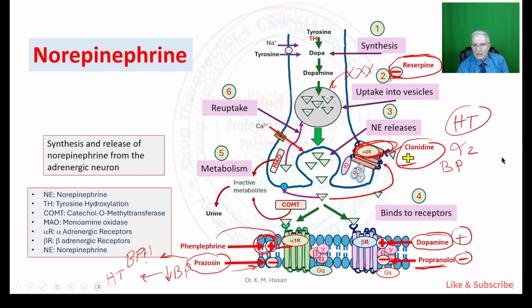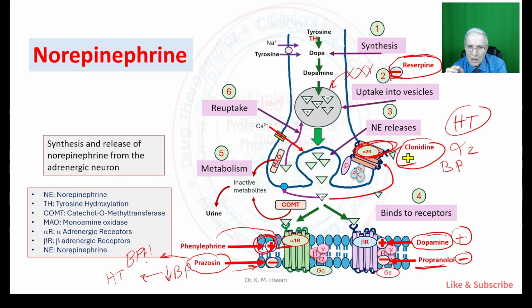So now we have several medications in this list: reserpine, clonidine, dopamine, propranolol, phenylephrine, prazosin. If someone asks how reserpine works, reserpine blocks the uptake of dopamine by the vesicles. It's not used very often, now it's used for hypertension.